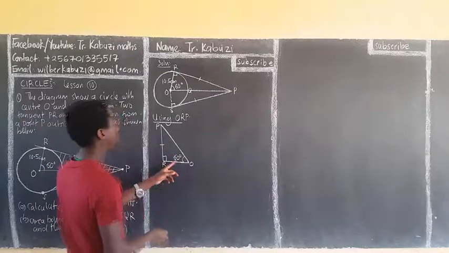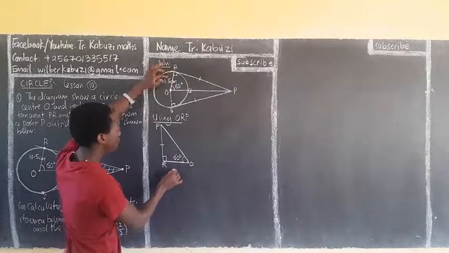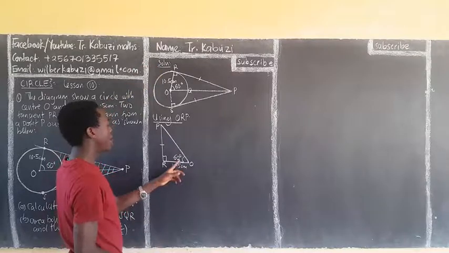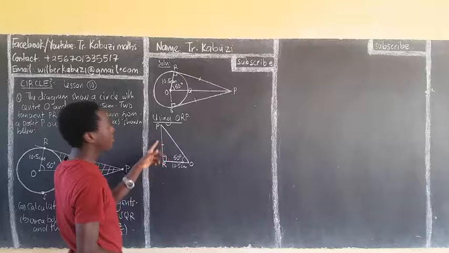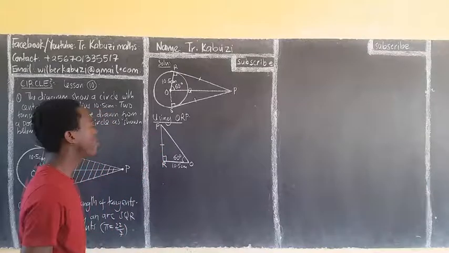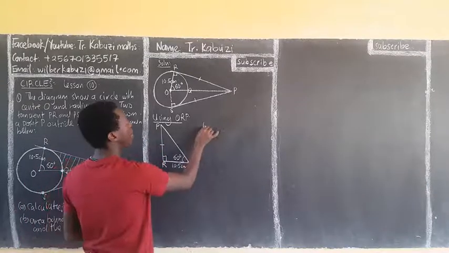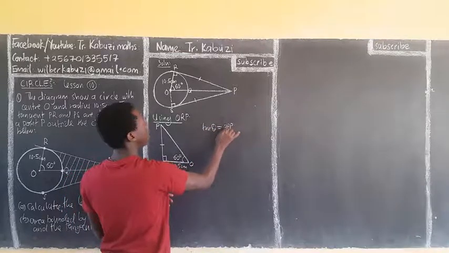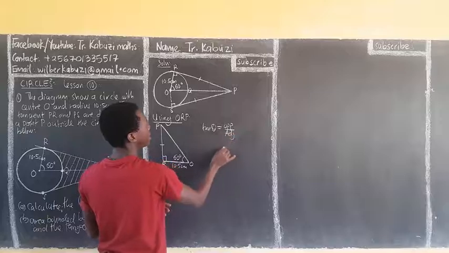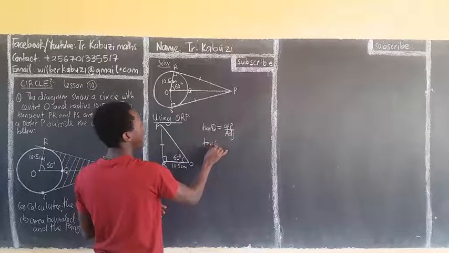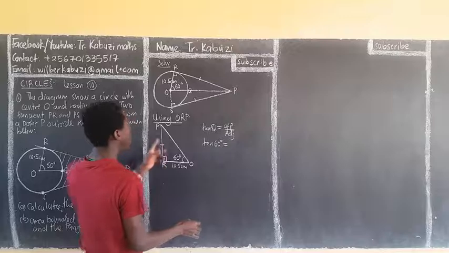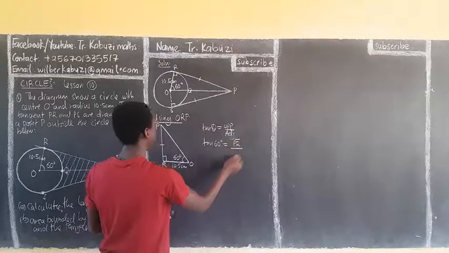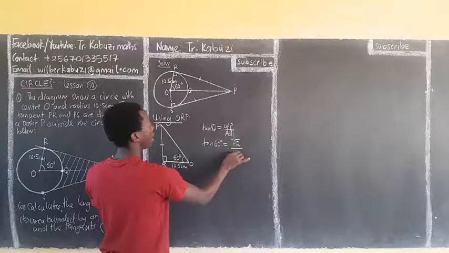Okay, so this one here is 10.5 centimeters. I have the angle, I have the adjacent, I want the opposite. So there I say that we are going to use tan. Tan of an angle is equal to the opposite over the adjacent. So tan 60 degrees is PR over the adjacent, which is 10.5.